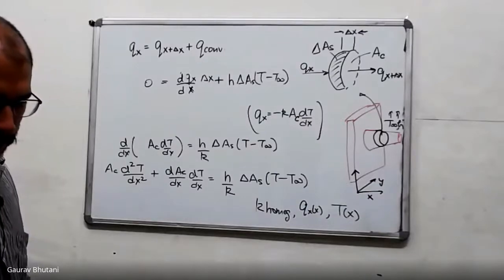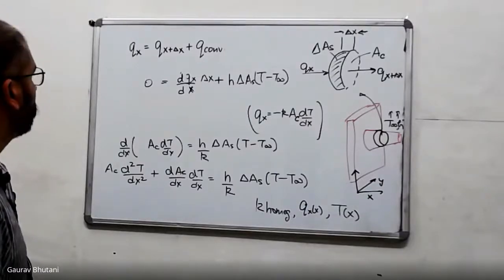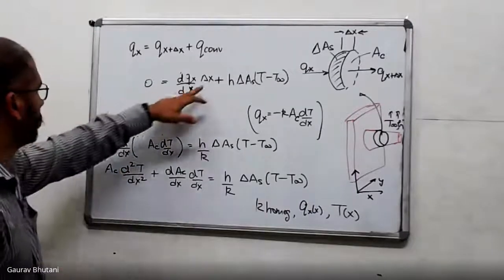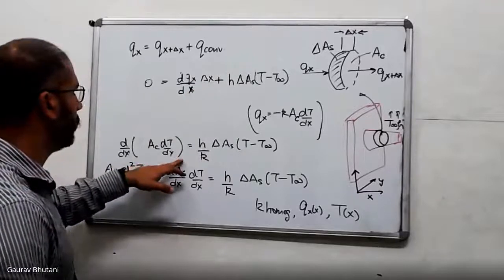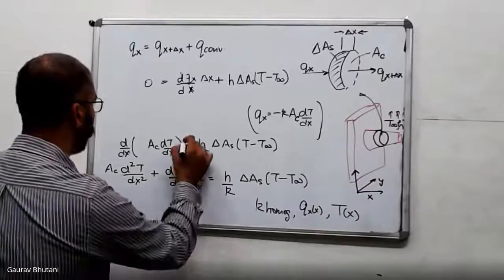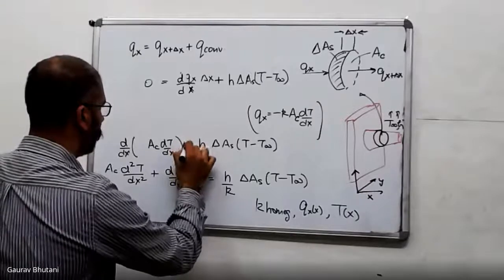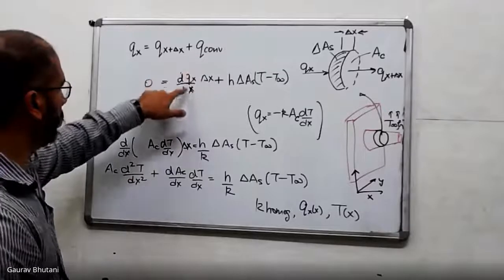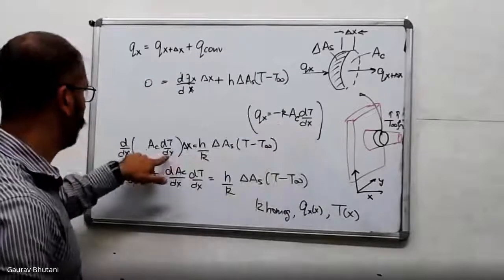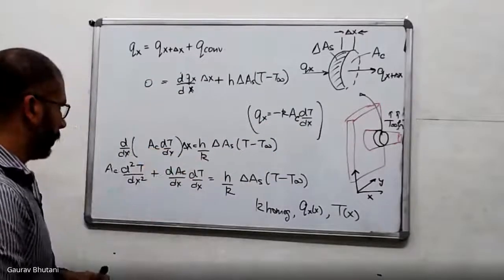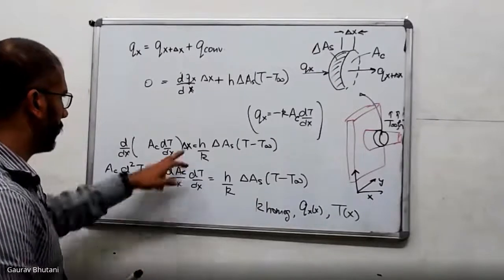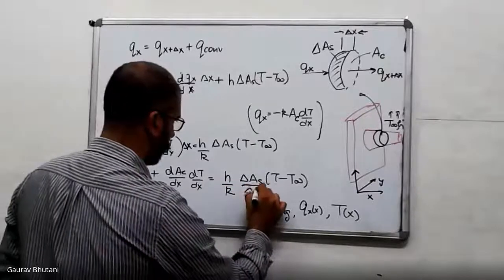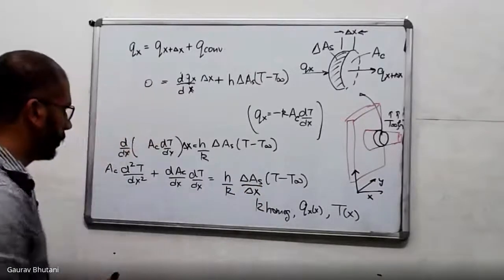Did I miss a delta x term somewhere? So there was a delta x here. I forgot to write that. So this dq by dx was this thing, and then we had a delta x here as well. This delta x is the thickness of the element that I've taken. So I can also take this delta x here, so I get this equation.